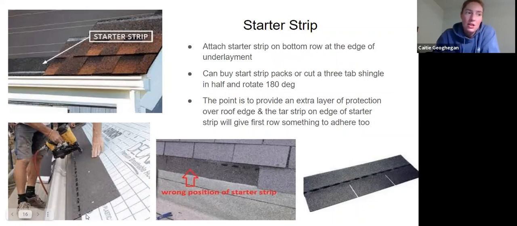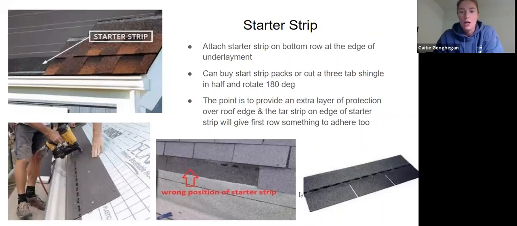So let's say you're doing a shed roof, you only need 3 bundles of shingles, and if you got to pack a starter strip, you would waste most of it. So let's say you just want to be kind of crafty and do it that way. Absolutely an option, because really what we need is that tar strip. Just make sure you cut a straight line.